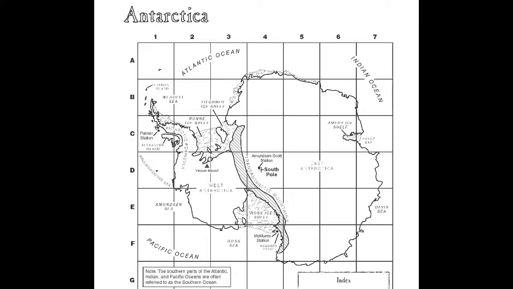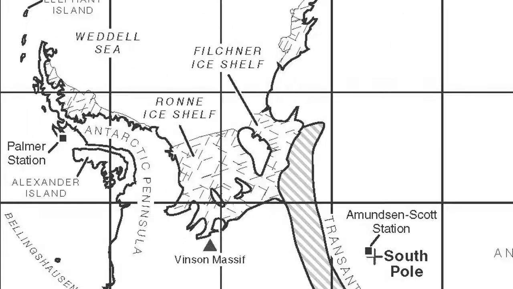So as we can see here, we have to the top the Atlantic Ocean, and to its right the Indian Ocean, and to the bottom we have the Pacific Ocean, so 3 separate oceans. As we look around our map of Antarctica, you'll see a number of bays and shelves and seas.